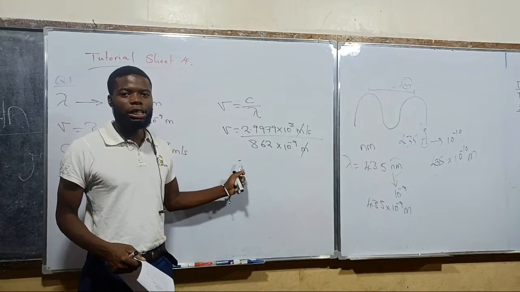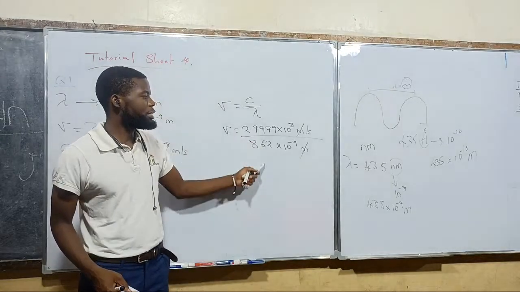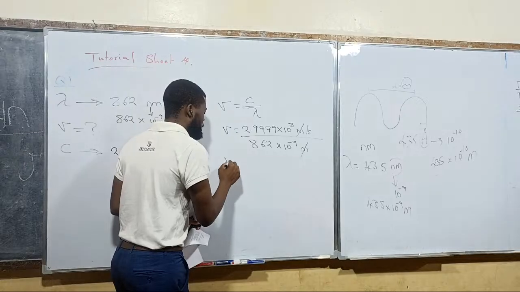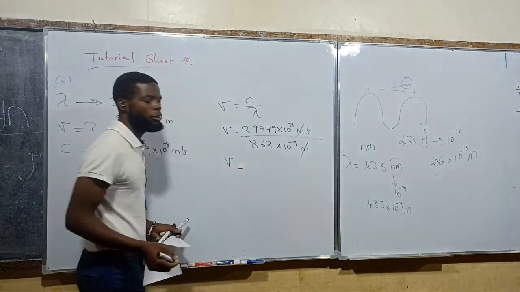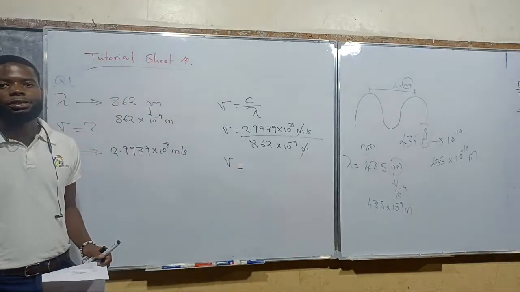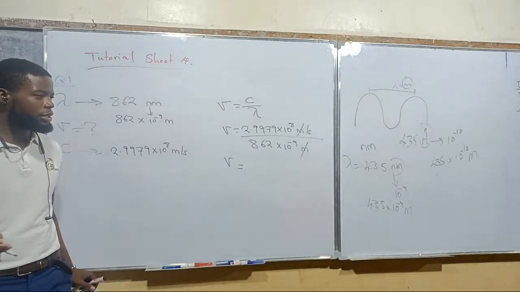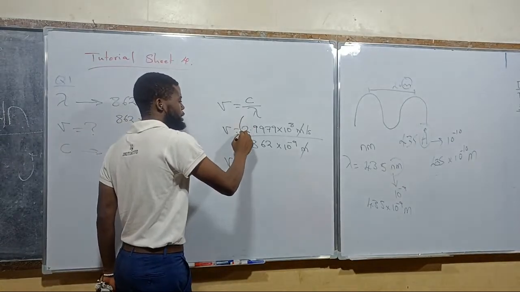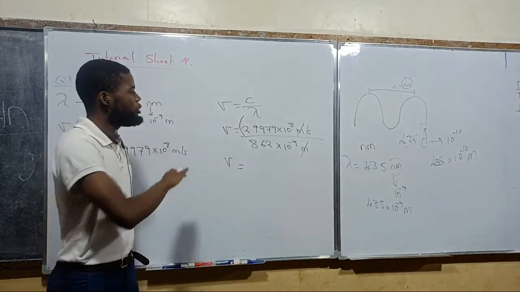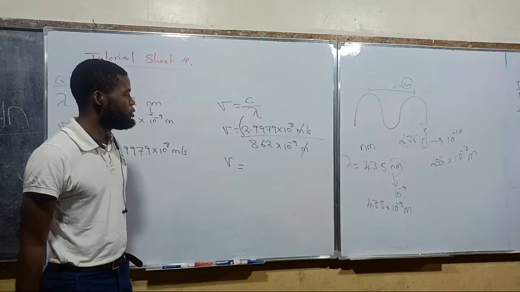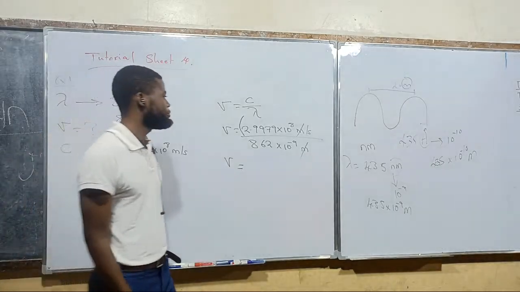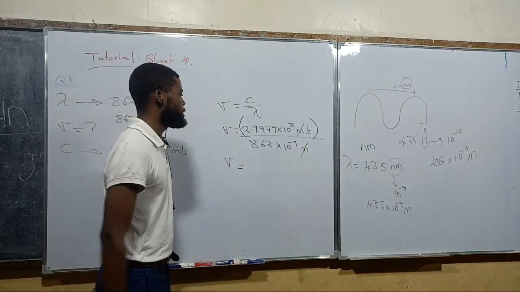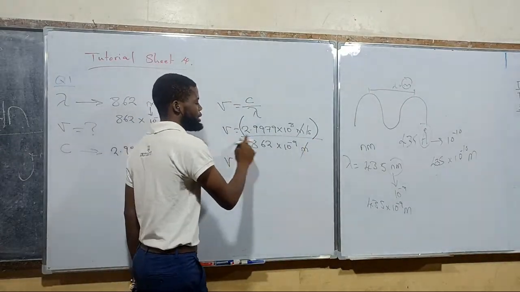Okay, so if somebody has a calculator, you can just punch this in and get your answer. To avoid errors, open brackets, enter the speed of light, 2.99 times 10 to the power 8, close the brackets, and press the division sign.